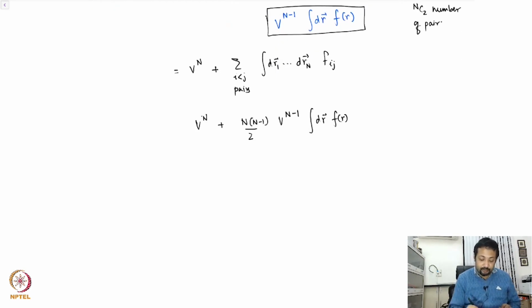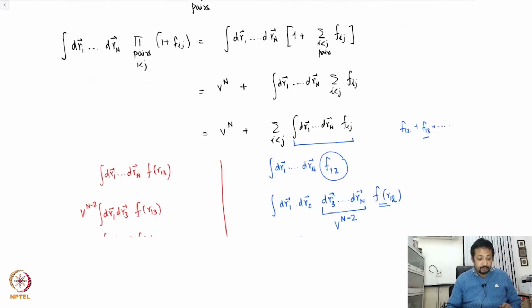V to the power n. So that in the thermodynamic limit, n minus 1 is approximately n, and this becomes V to the power n plus n squared V to the power n minus 1 times the integral dr f of r.